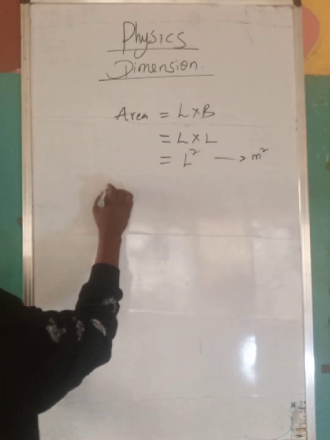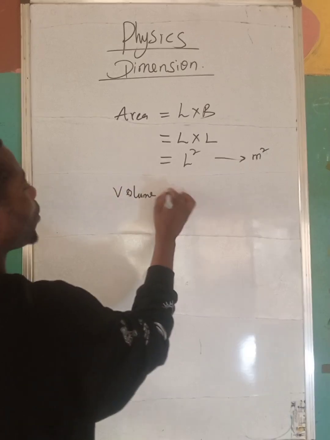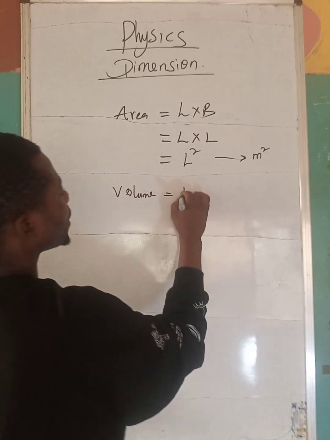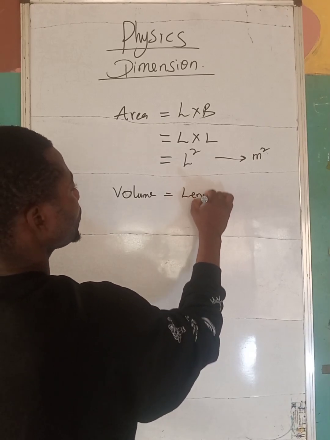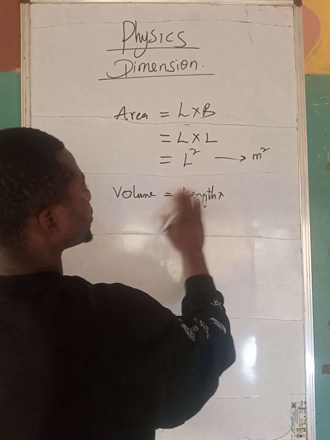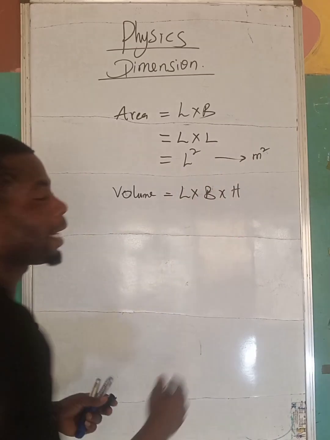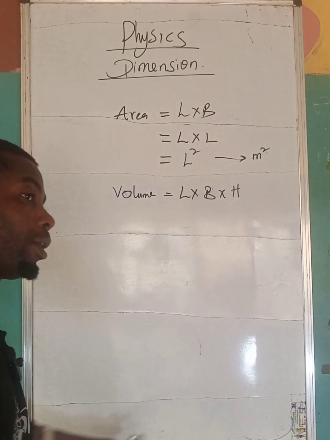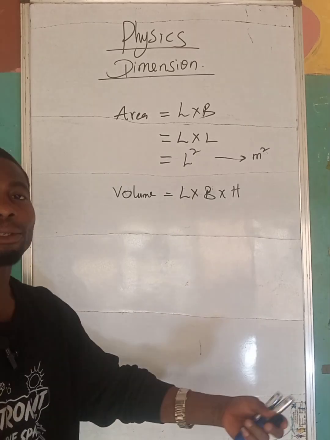Another thing apart from this is let's check volume. What's the formula for volume? Volume is length times breadth times height. Whether you are measuring the length, the breadth, or the height, you are measuring separation.